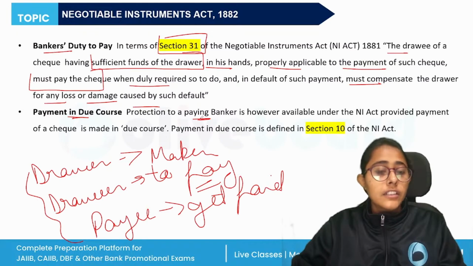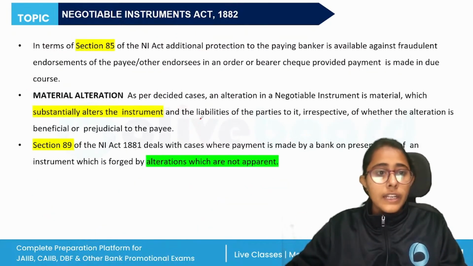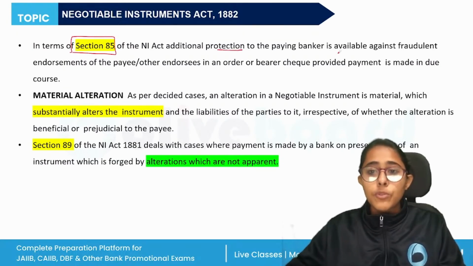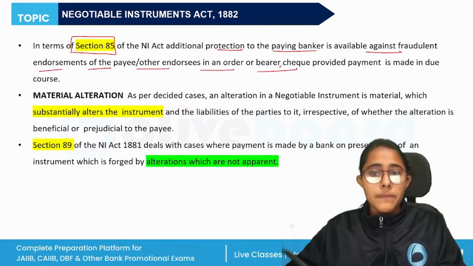Protection will be provided in terms of section 85, against fraudulent endorsements of the payee or other endorsees. So in terms of section 85 of the Act, protection is provided to the paying banker against fraudulent endorsements of the payee or other endorsees in an order or bearer check.